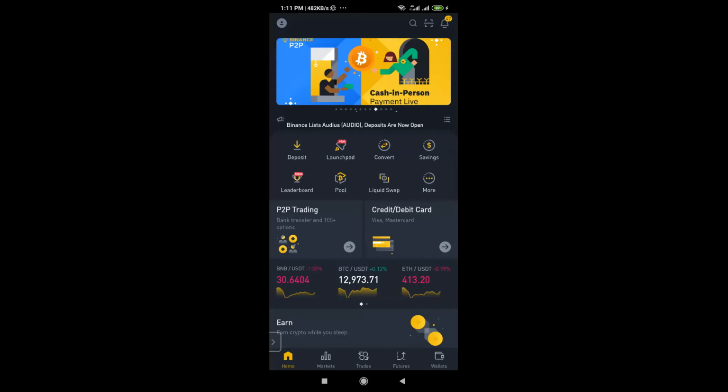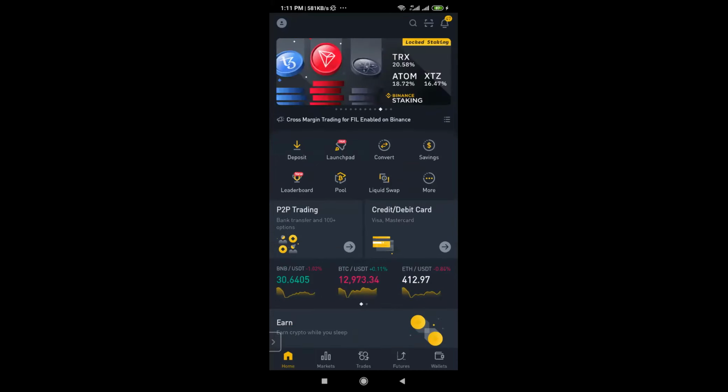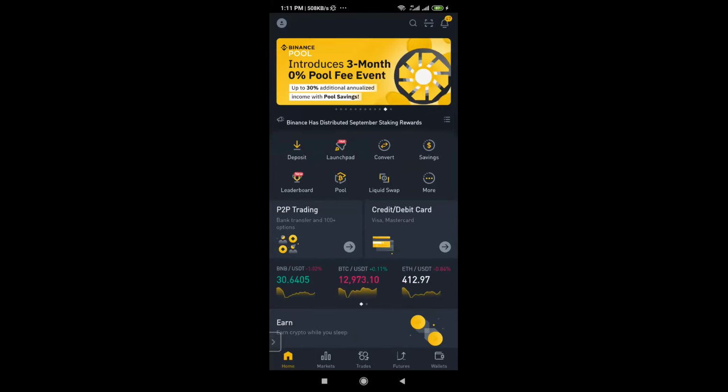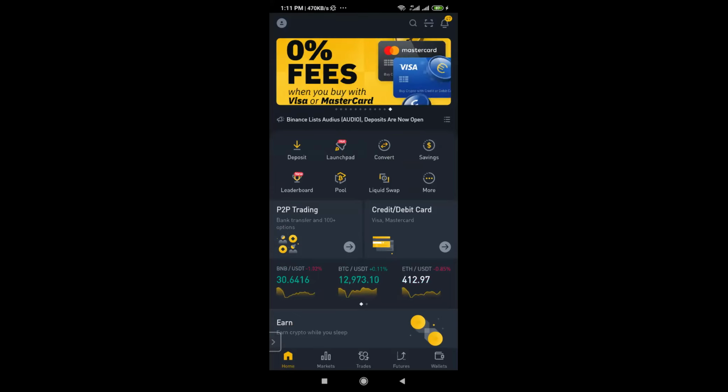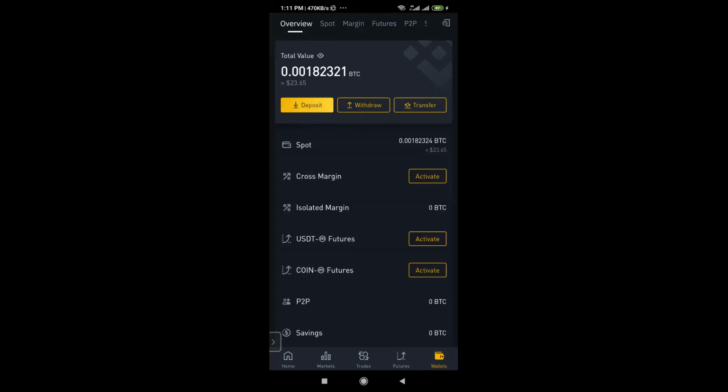All right, here you can access the interface of Binance. But let's go to the trading to deposit aspect. So I'll go to wallets, right? At this top part, this is overview. This is spot. This is margin and futures. I usually don't do margin and futures trading, so it's always spot trading.